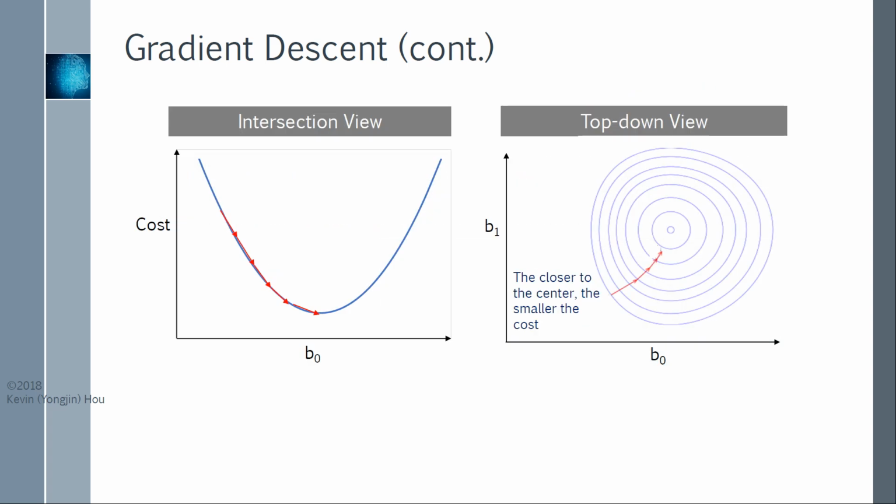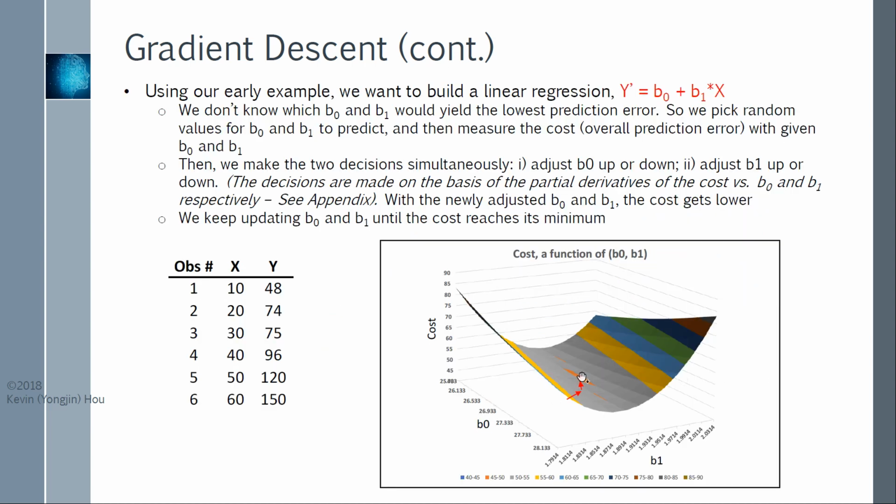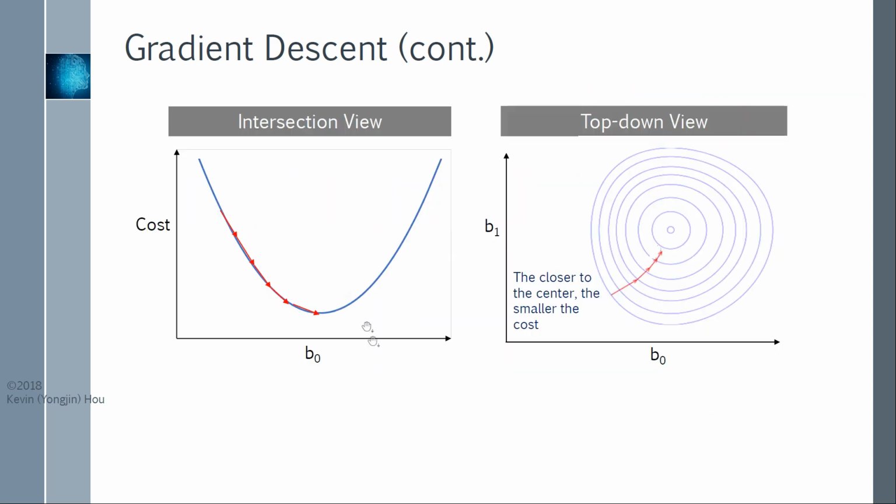So we can have different views of the process of getting to the minimum cost. Imagine we have a knife or a plane we can cut through, and we cut somewhere vertically, we get an intersection view. It's just like this, where B1 is kind of fixed.